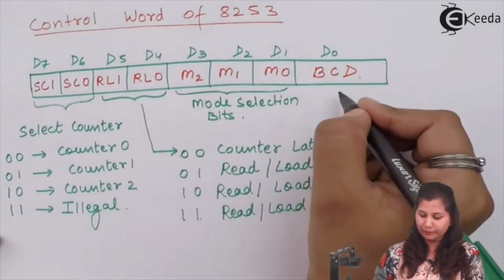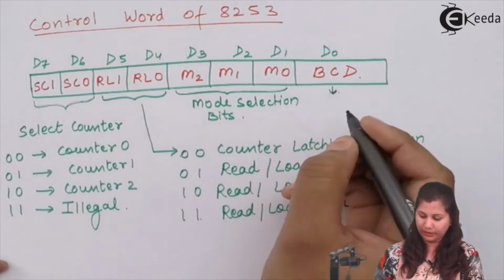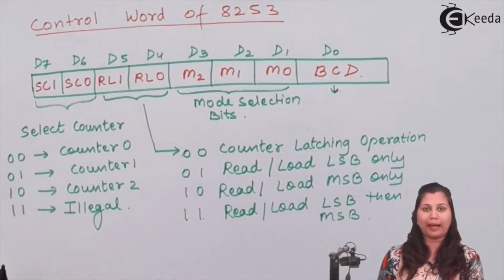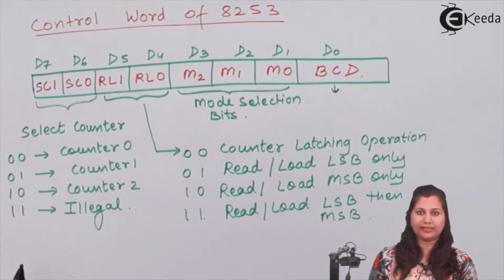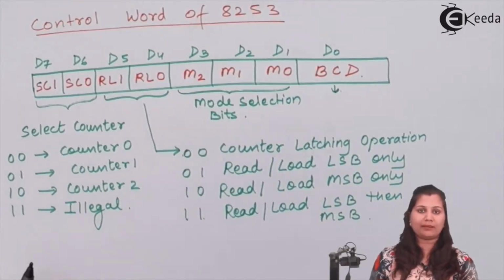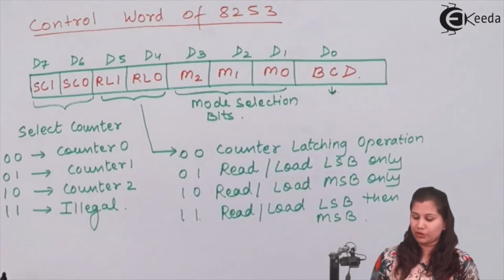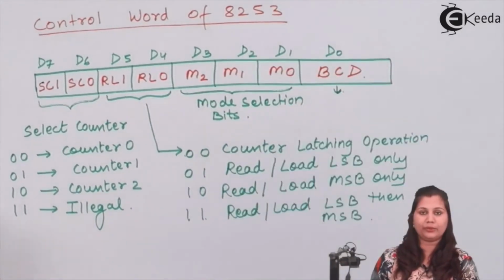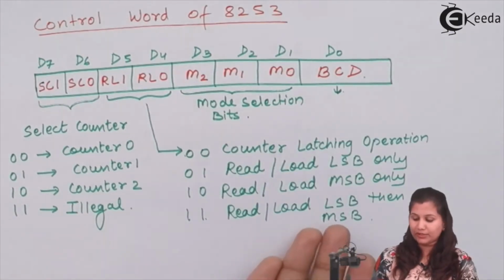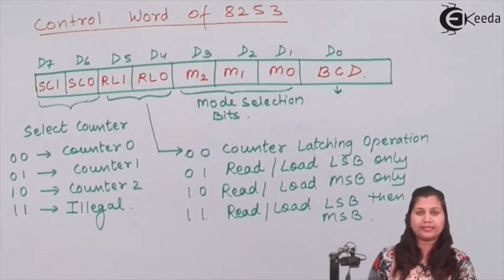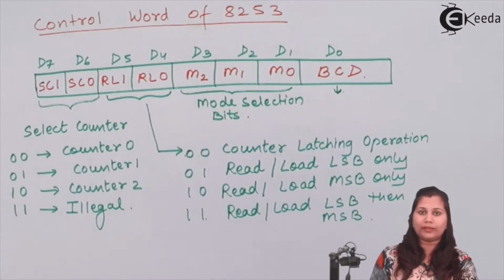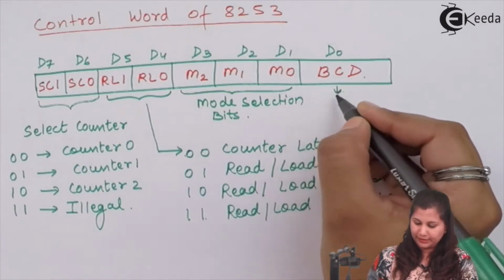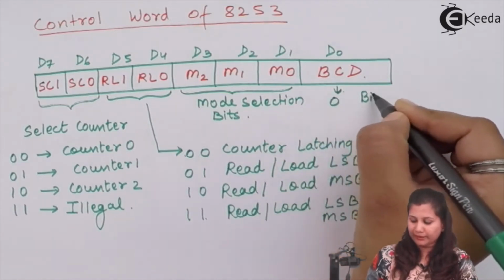Then this is the BCD counter. Because the counters can be used to count binary data also and BCD count. Both types of counts can be loaded into the counters. So here this bit D0 is going to decide whether the count which is loaded into the counter is either a binary count or a BCD count. So when the value of this bit is 0, that means it's a binary counter.